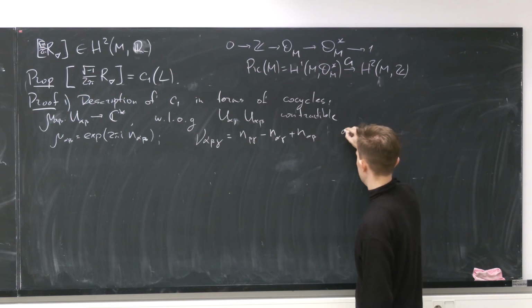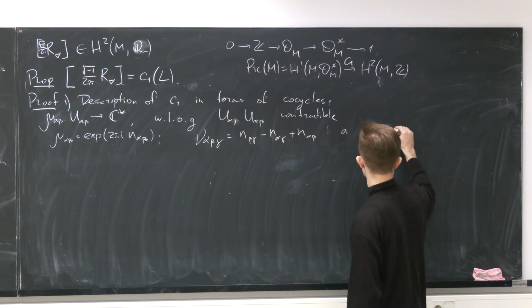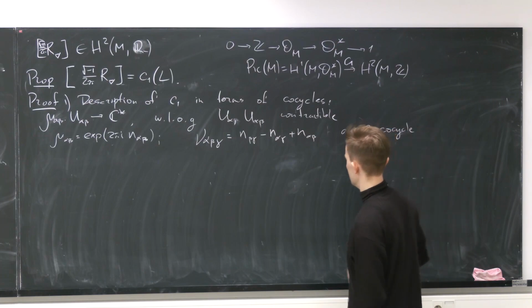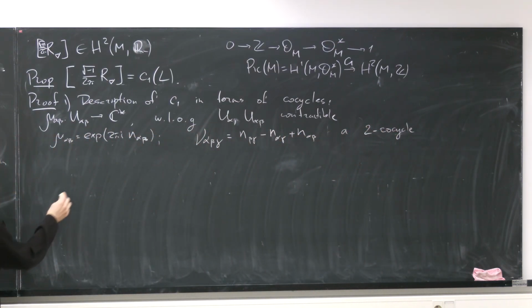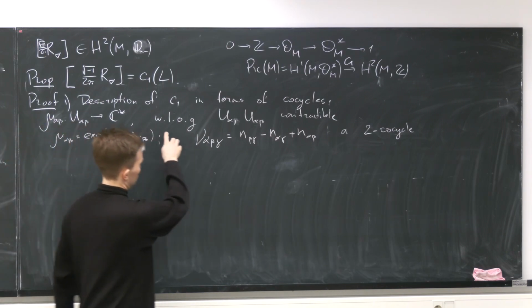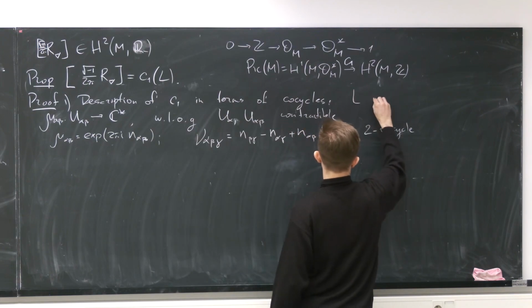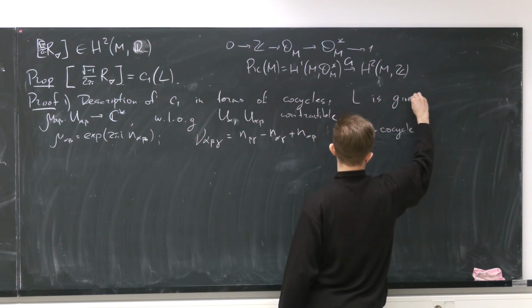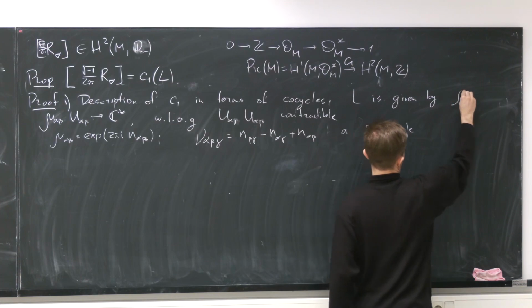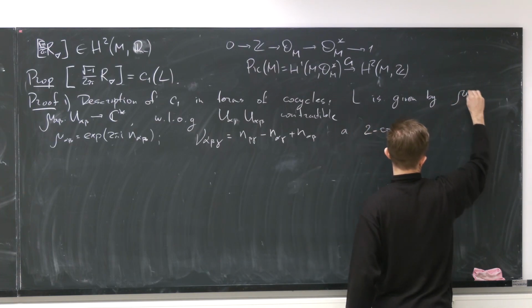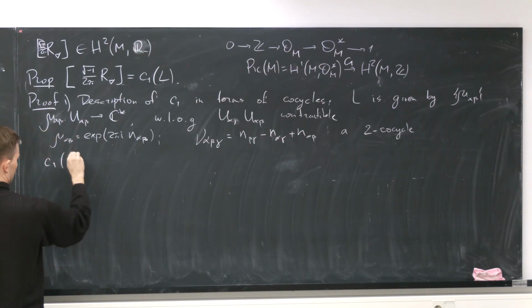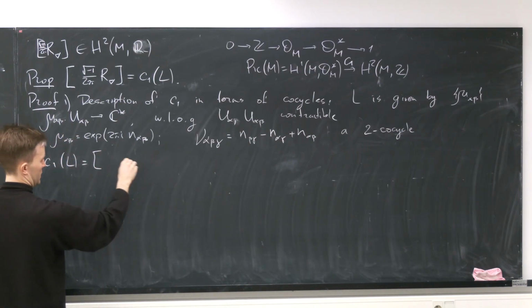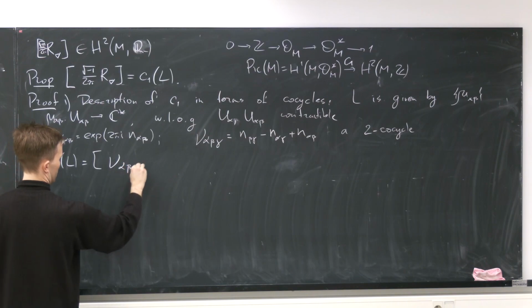And this is a two cocycle that gives me the first Chern class of L. So L is given by the cocycle mu alpha beta, and C1 of L is the class of this cocycle mu alpha beta gamma.